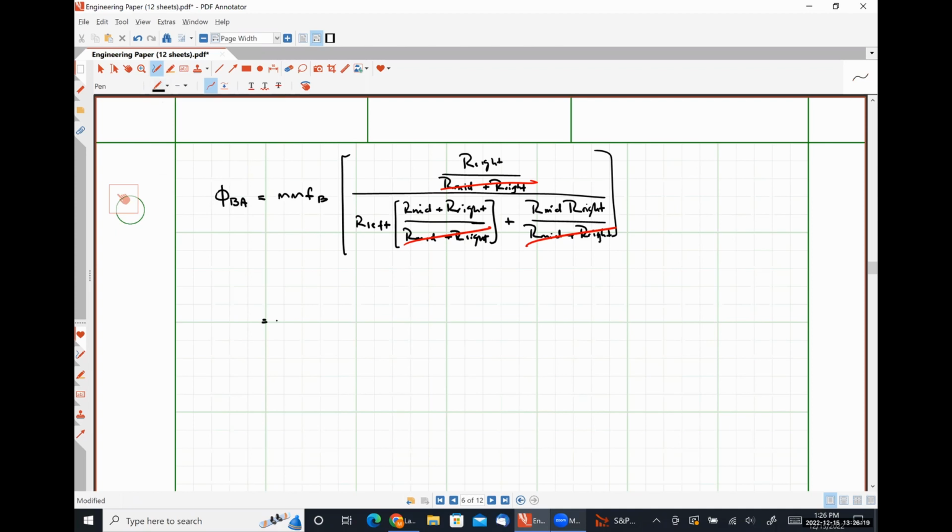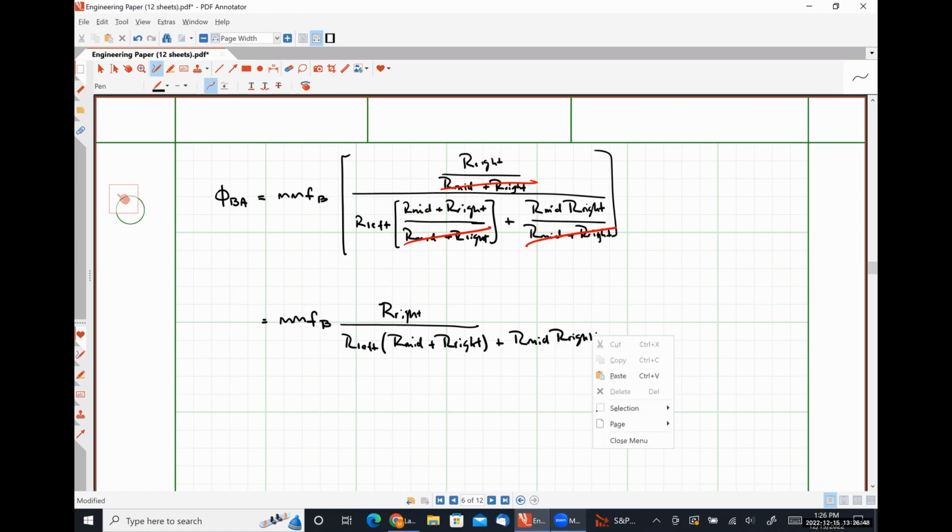That gives me MMFB multiplied by R right over R left times R mid plus R right, plus R mid times R right.